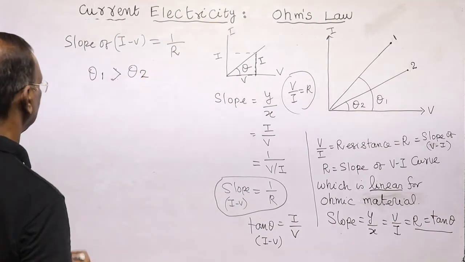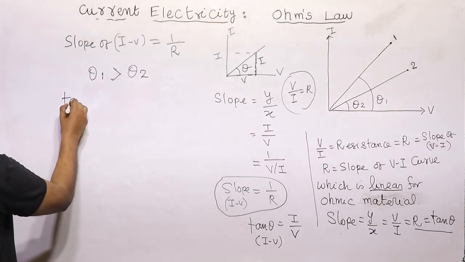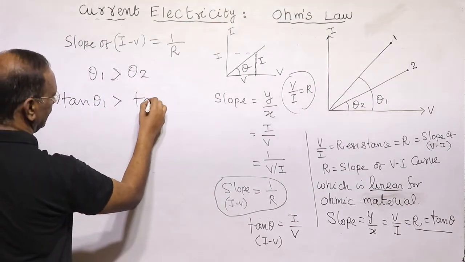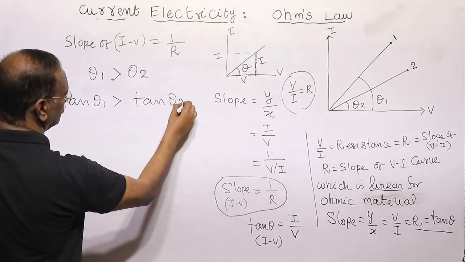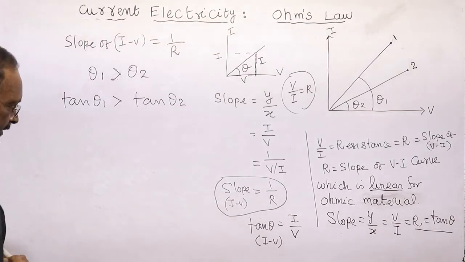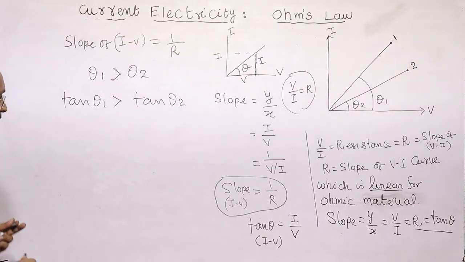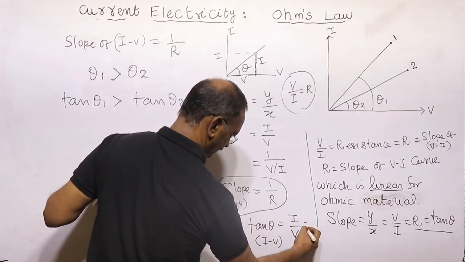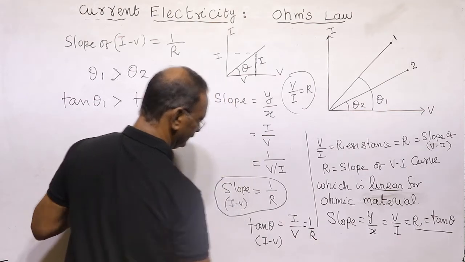Or we can write tan theta 1 is greater than tan theta 2. So tan theta 1 is equal to I by V, which is equal to 1 by R.